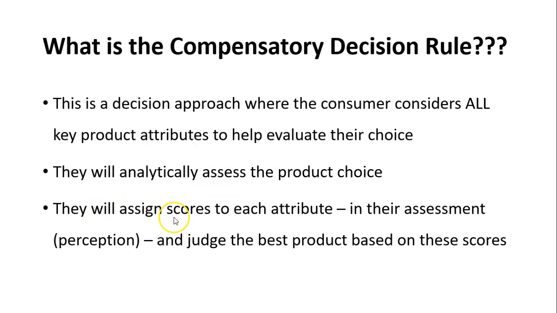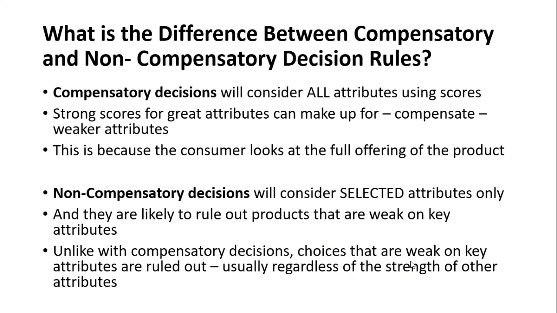So what we're doing is assigning scores to an attribute, and again it's in our perception, it's from the consumer's viewpoint of how they rate them. So some consumers may go off to a website and use that, but many consumers will use their own judgment, and they will best judge the best product based on their own scoring.